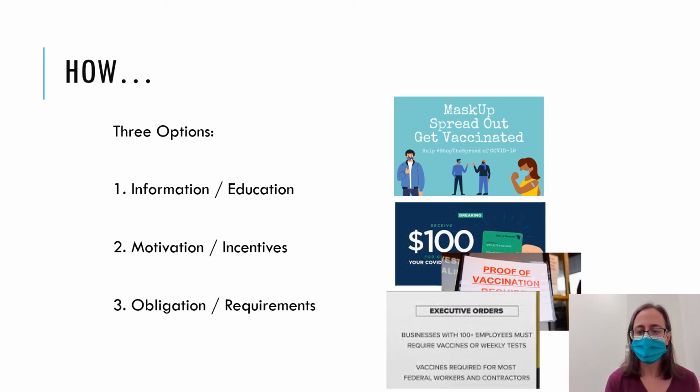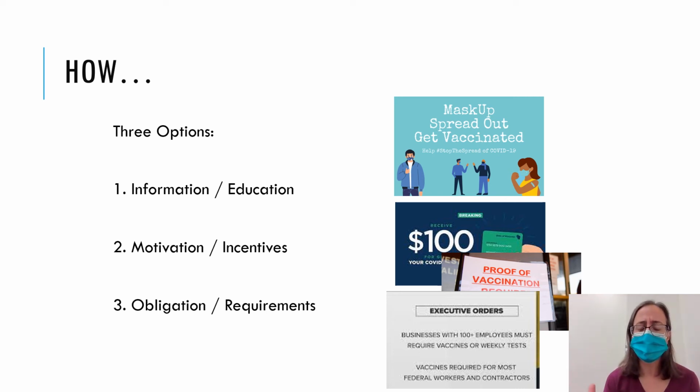And so that's kind of the most top-heavy method, which is, for example, the executive order currently that businesses with 100 or more employees, their employees either need to be vaccinated or get tested weekly. And most federal workers and contractors must be vaccinated, right? So that's a rule, that's a law, that's an obligation or a requirement.